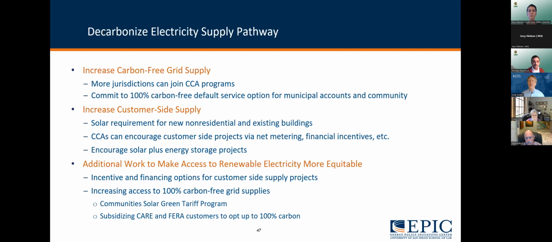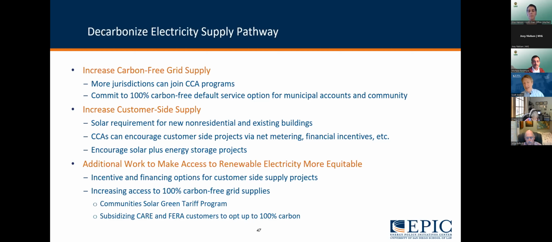There's also an opportunity to increase customer-side supply. So these policy opportunities include requiring solar for new and existing buildings in some cases, and programs by CCAs or others to encourage customer-side projects via net metering or financial incentives, to encourage solar plus storage projects.